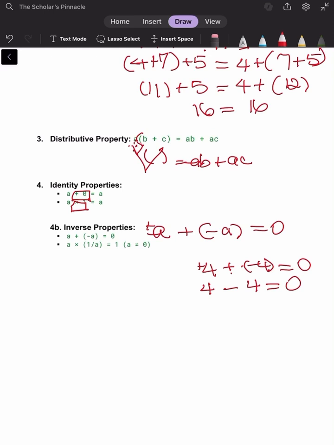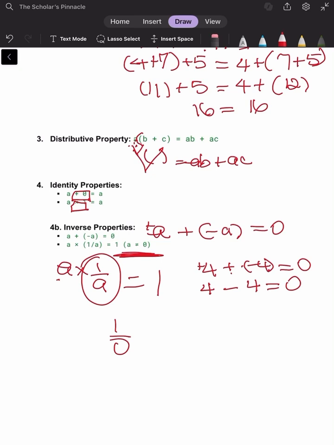Now this other inverse property is where you have a multiplied by 1 over a. This whole term is called the reciprocal. a times its reciprocal is equal to 1 when a is not equal to 0, because division by 0 can't be determined.